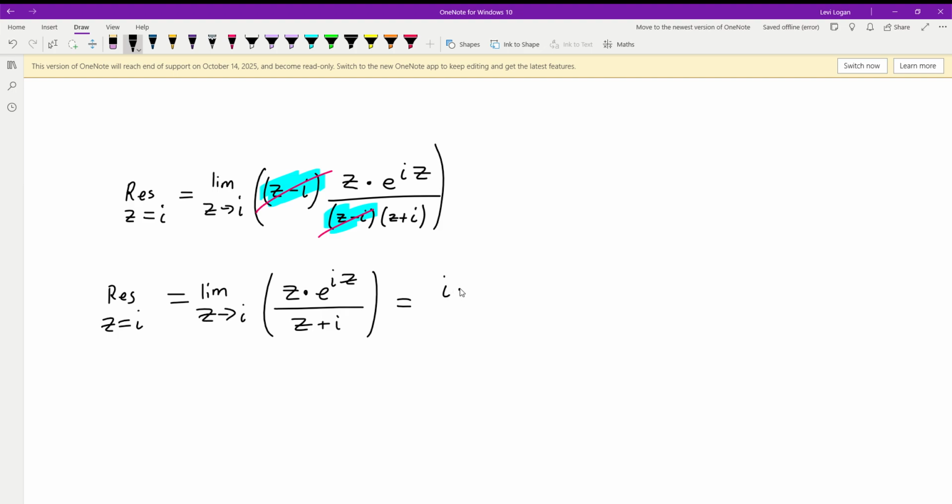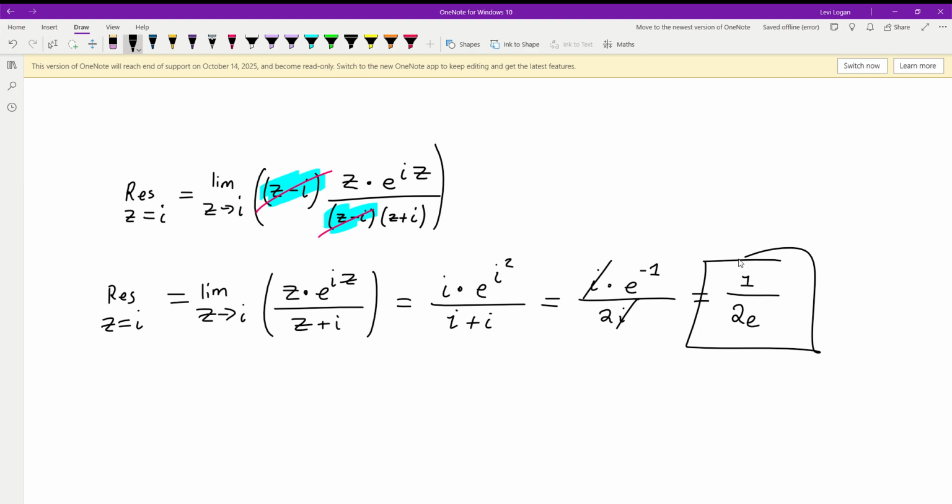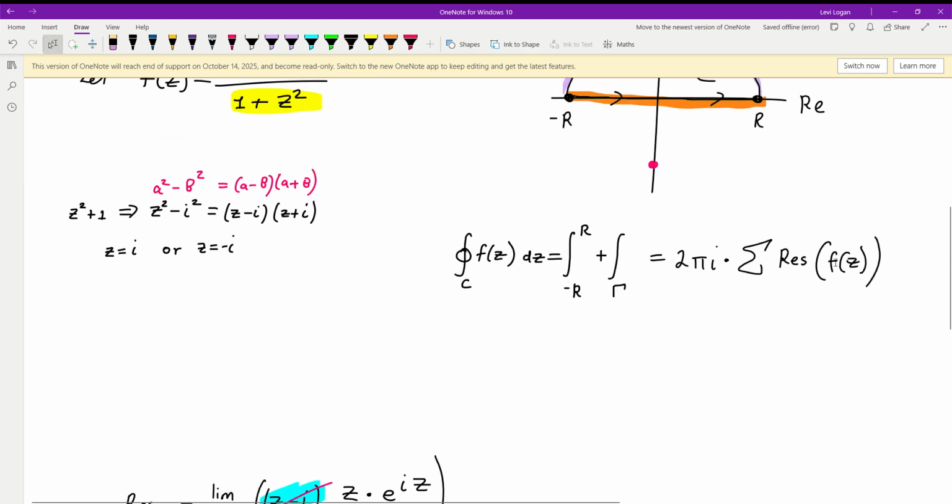So we have i times e to the i squared, divided by i plus i. So you have i times e to the negative 1, divided by 2i. The i's cancel out, and you can move the e to the negative 1 below the fraction, so you have 1 over 2e. Perfect.